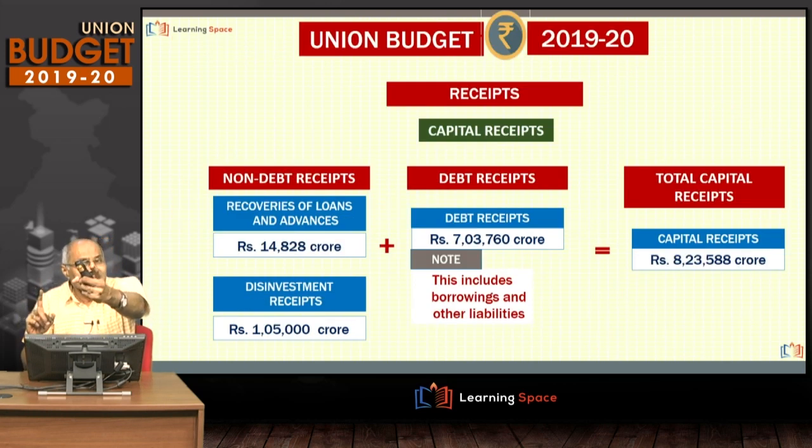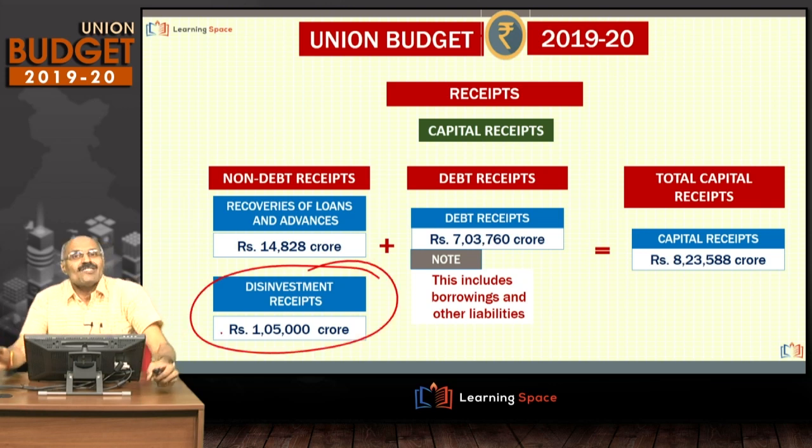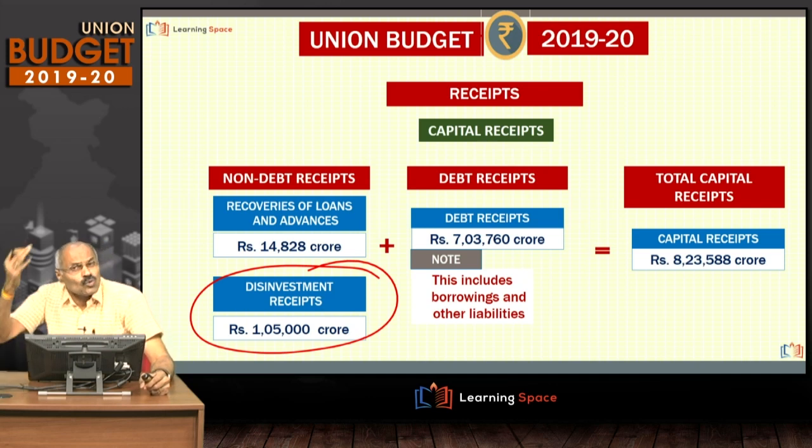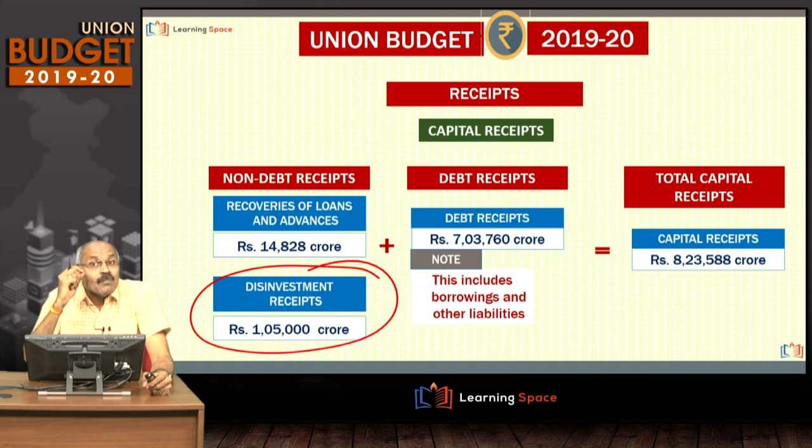If you look at capital receipts, the most important aspect, please don't forget, is disinvestment. If a share of the public sector undertaking is sold, if 5% is sold, if 10% is sold, that is minority stake sale. But if majority shareholding is sold, that is an example of strategic disinvestment. Friends, both put together is 1,05,000 crores.